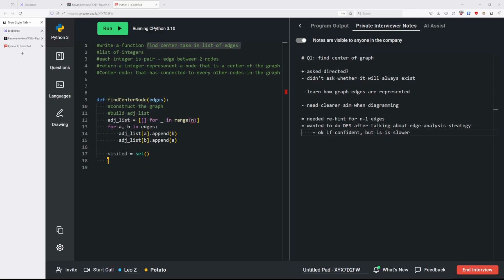And then we would have another function, the DFS or the helper function, to traverse from the node. This would take in the node and its parent node.